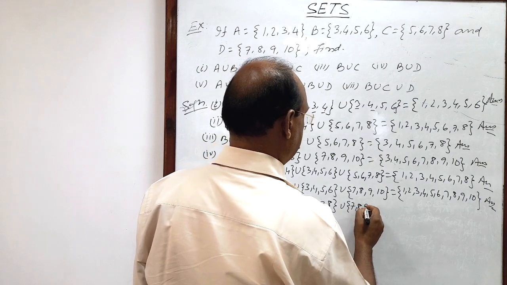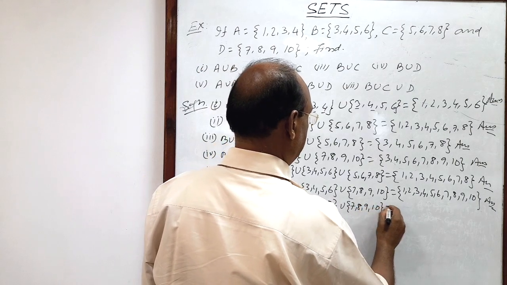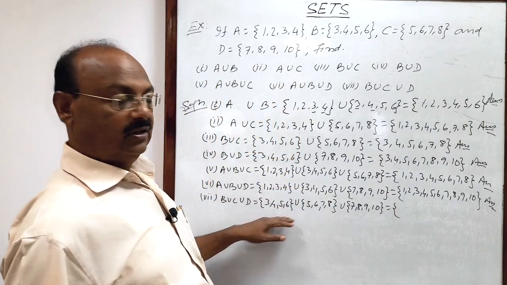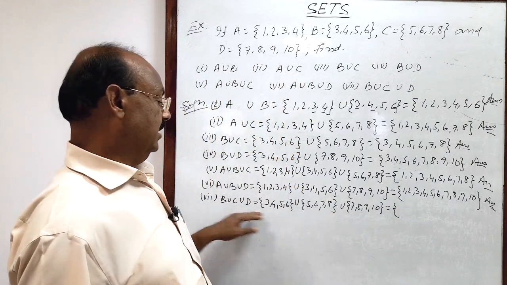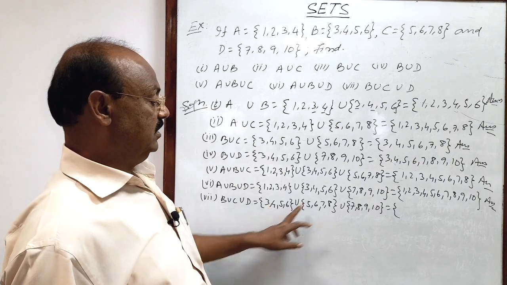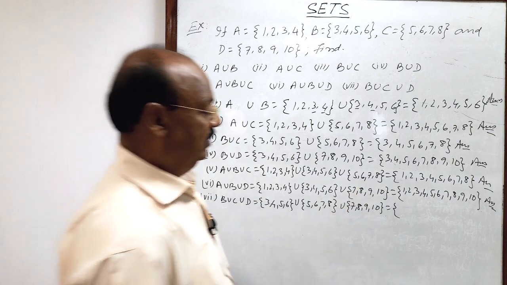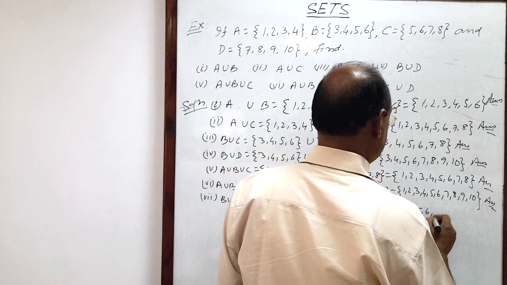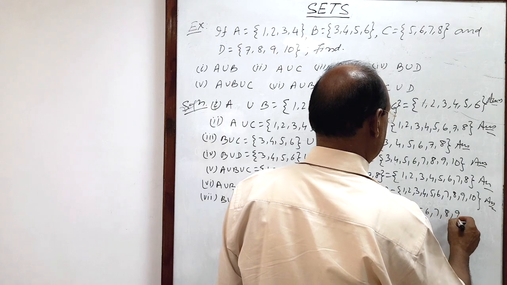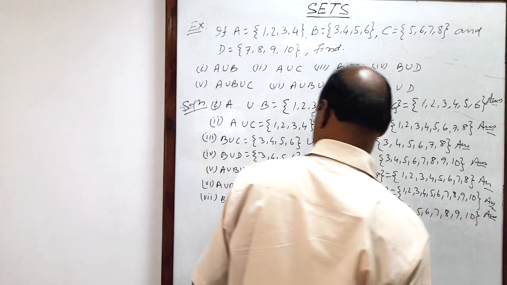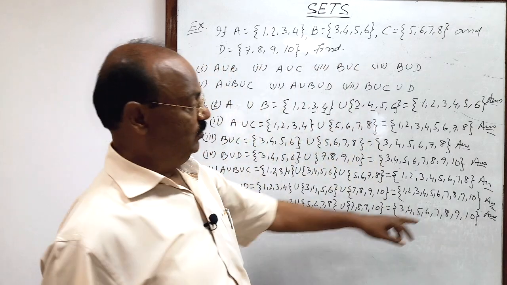Here also we have to collect all the elements from all the three sets. So the elements will be 3, 4, 5, 6, 7, 8, 9, 10. This will be the answer. This is the union of these three sets B, C and D.